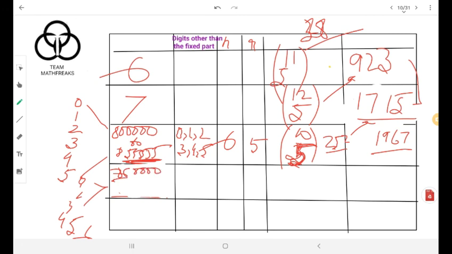So 8, 6 is the fixed part, then 6, 6, 6, 6. Here our unfixed part is only 4, and available options are 0, 1, 2, 3, 4, 5, 6, 7.